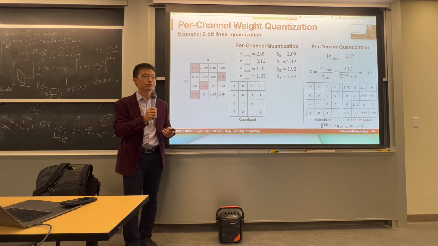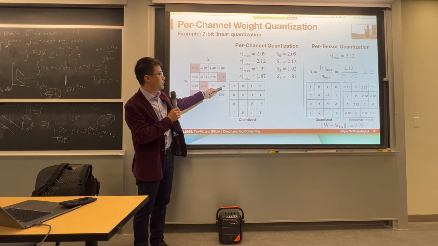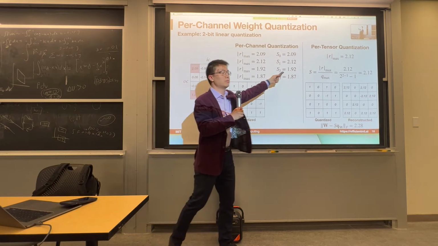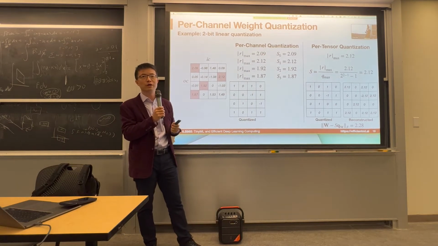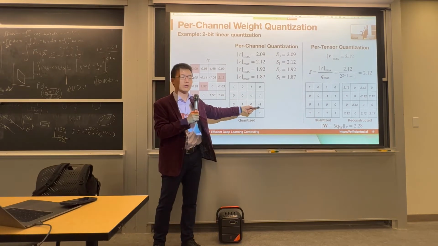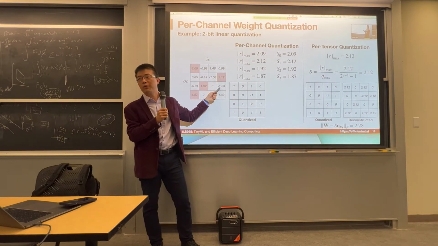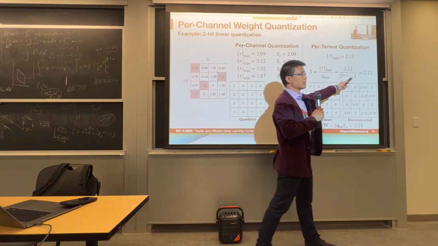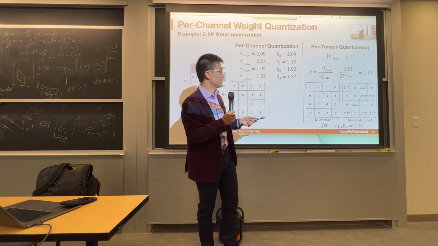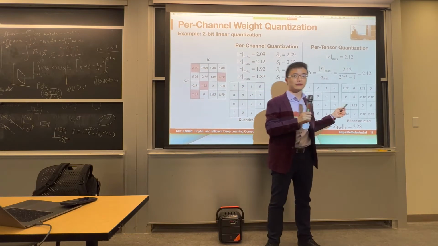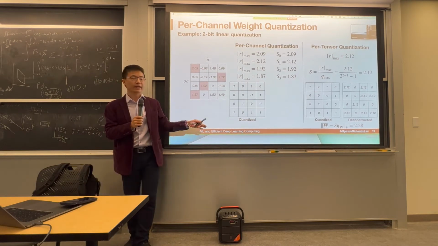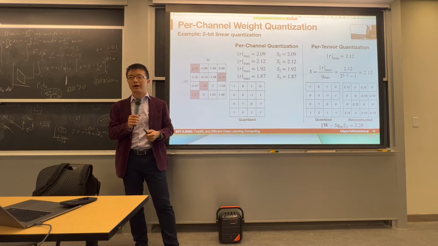Right, the scaling factor is different. If I use per channel, I'm going to divide by the scaling factor, which is 1.92. So this number divided by 1.92 is smaller than -0.5, so it will be rounded to -1. But if this number, -1.03, is divided by the other scaling factor, it will be larger than -0.5, so it will be rounded to 0. That's the subtle difference where per channel and per tensor quantization can lead to different quantized values.